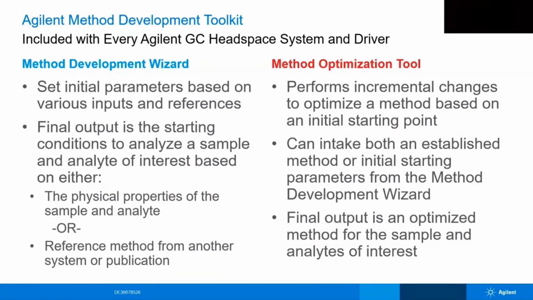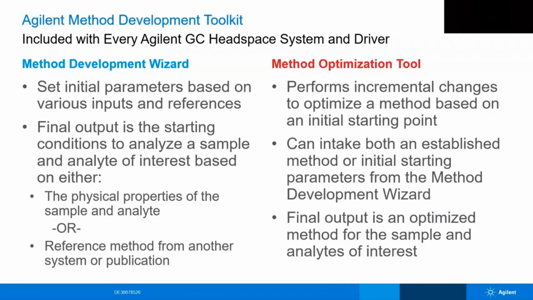The second tool that we have in our pocket is called a method optimization tool. So this tool works with the sequencing within the instrument to increment certain parameters, one zone at a time, to evaluate the exact same sample. You know, you prep multiple vials of the same sample, and you basically run an optimization.